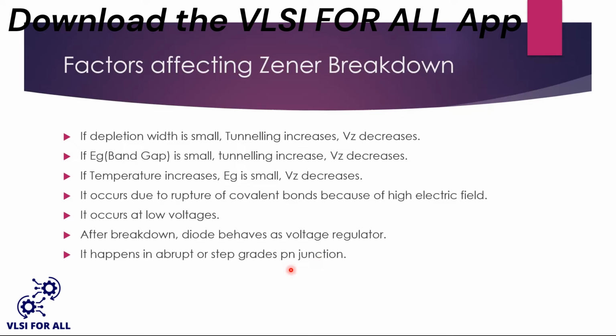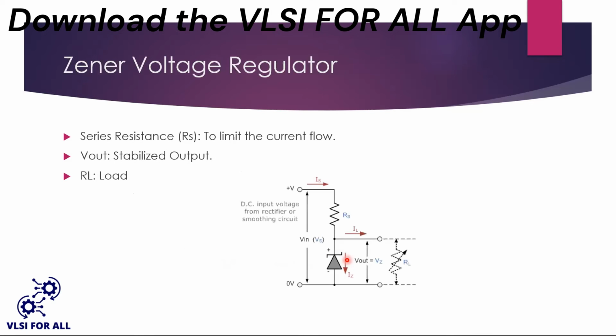If you are creating a Zener diode using this P and N type semiconductor, then it is called an abrupt or step-graded PN junction. And this is the basic circuit of a voltage regulator, where we use a Zener diode for that application.